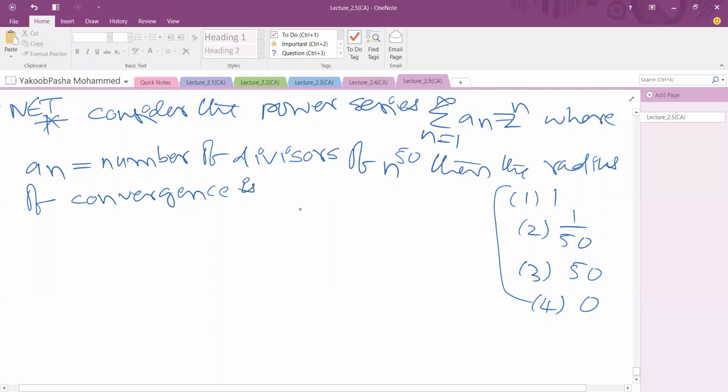First, an is equal to the number of divisors of n power 50. Let an be this; this is the solution.